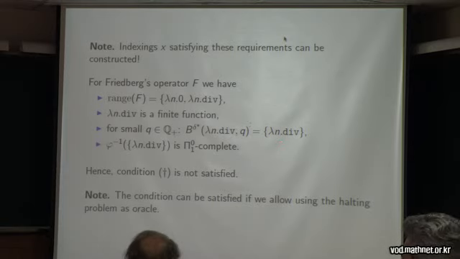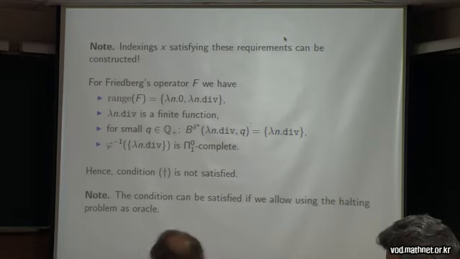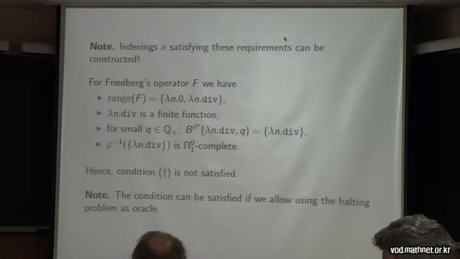Now in the setting of Friedberg, and also in usual computability theory, we deal with numberings of the partial computable functions which are such that the set of all programs that compute the nowhere defined function, that means that diverge for all inputs, is Pi^0_1 complete, which means it is not enumerable.